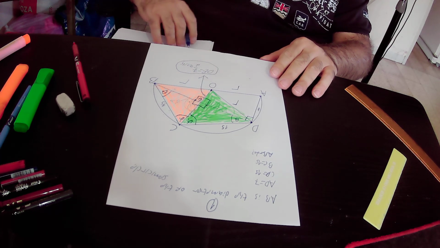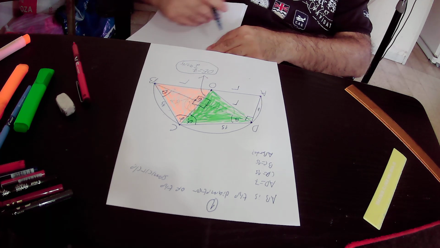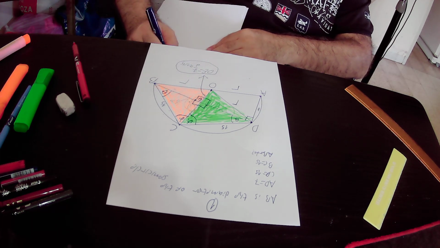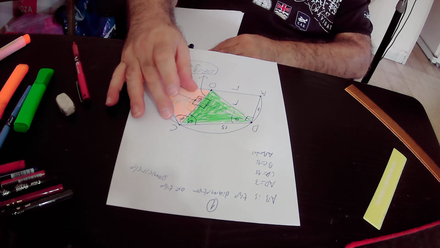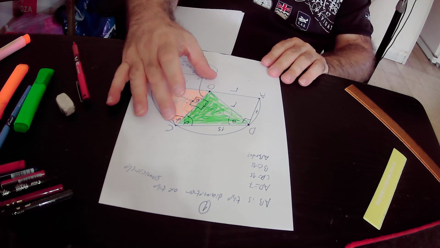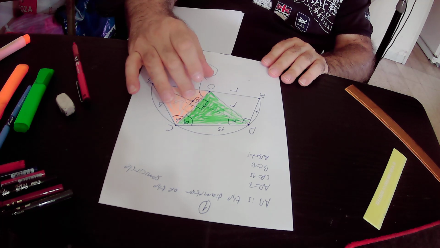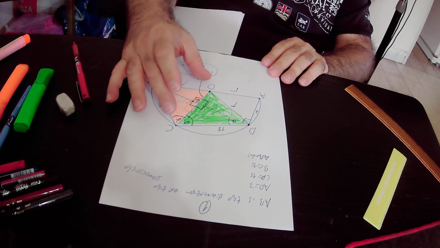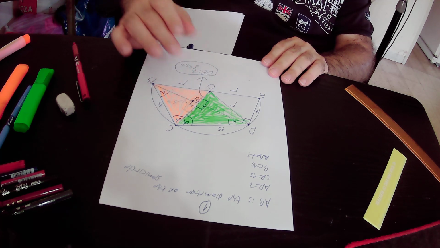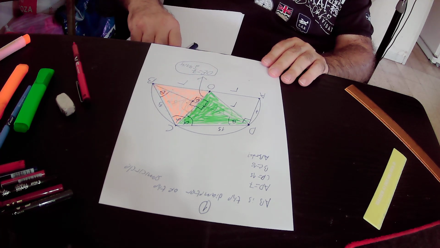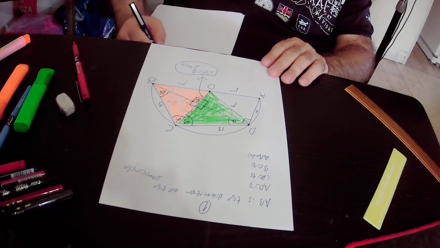And what is the size of CE? CE equals OC minus OE. Again, CE equals CO minus EO.